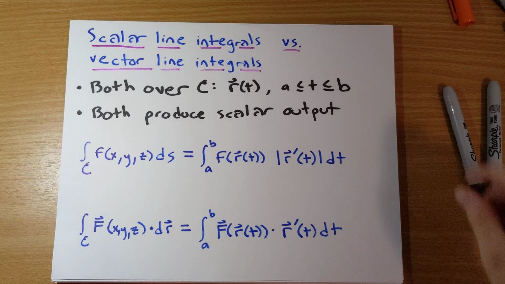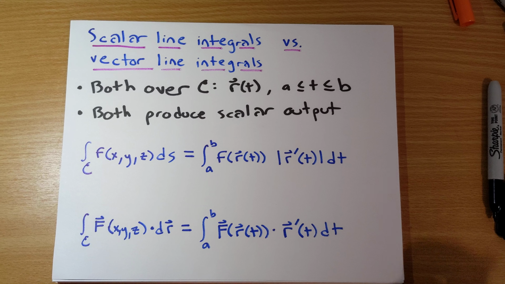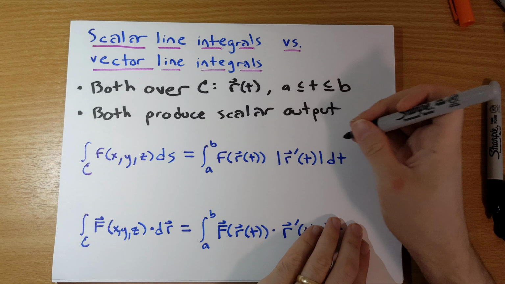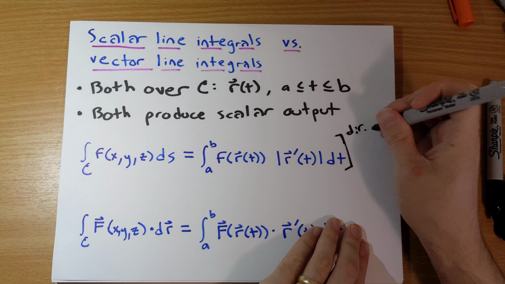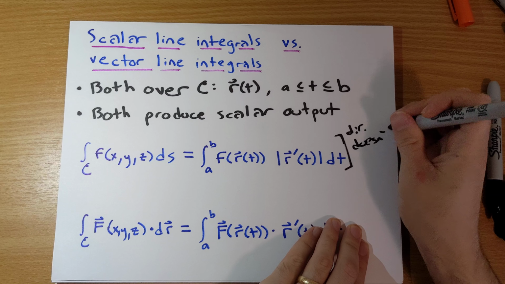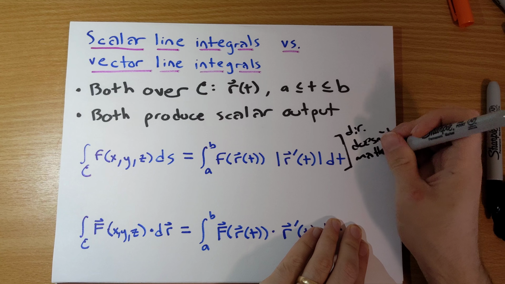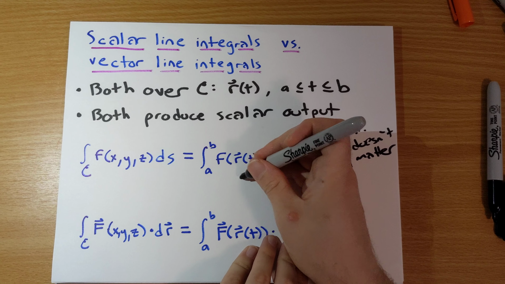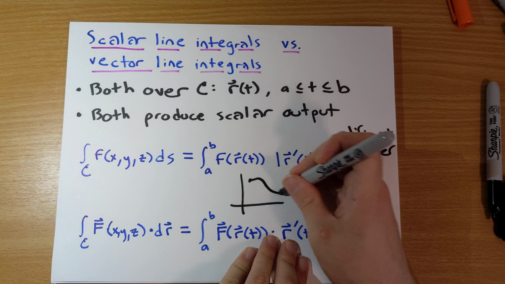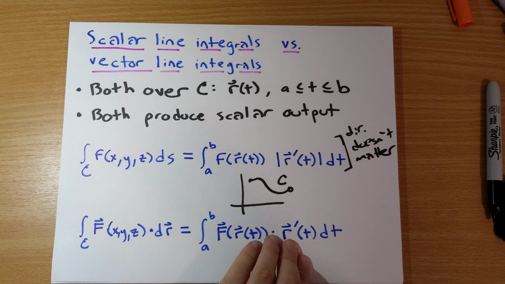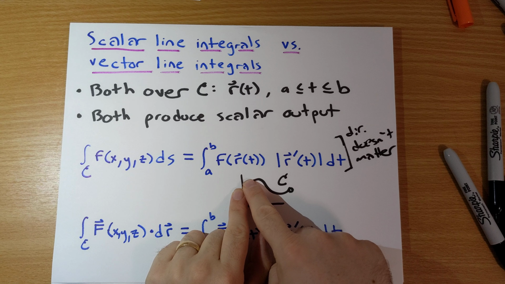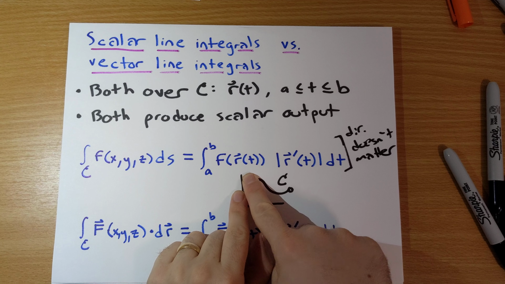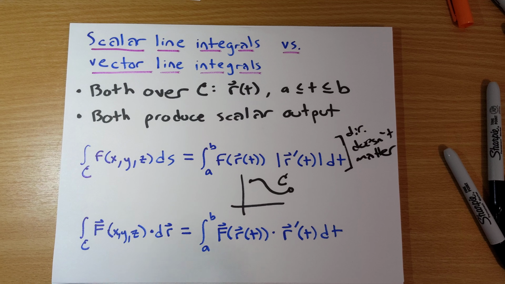One more important difference is that for scalar line integrals, direction doesn't matter. Here is your curve C. It doesn't matter whether you're going from here to here or from here to here, you'd get the same answer.